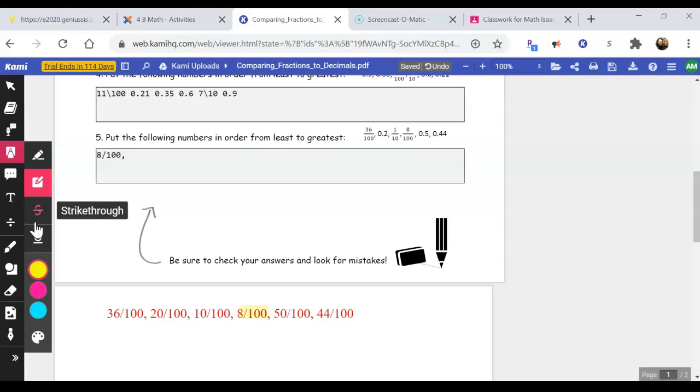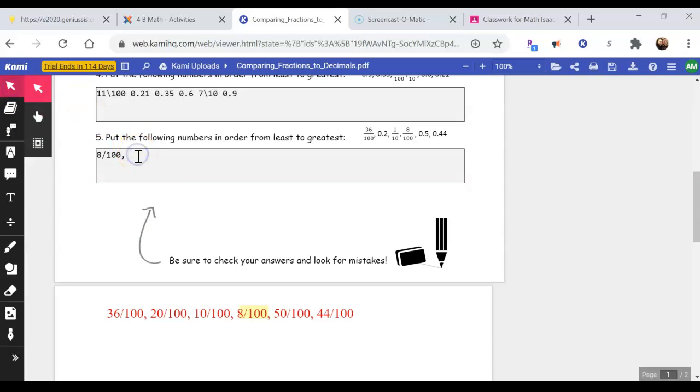Then the second one: after 8, the next number would be 10. 10 hundredths isn't up there, but what was right next to the 8 hundredths is 1 over 10. So that would be your next number. We'll go up here and put 1/10.